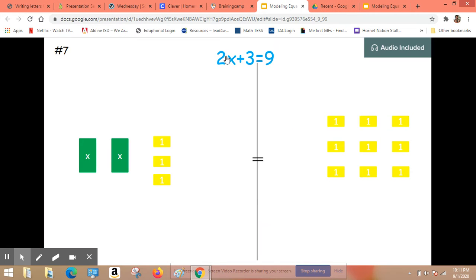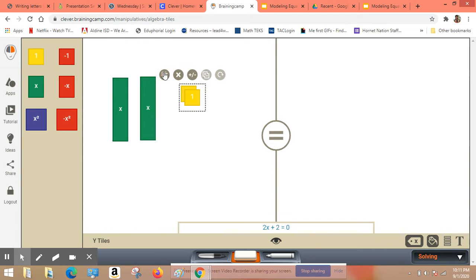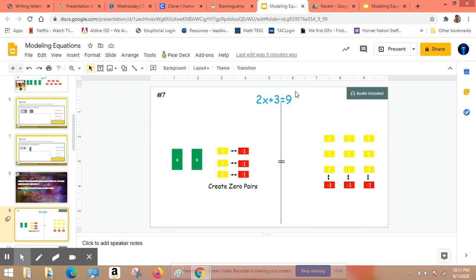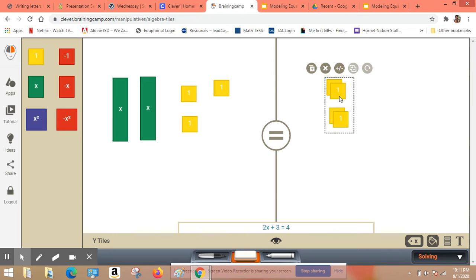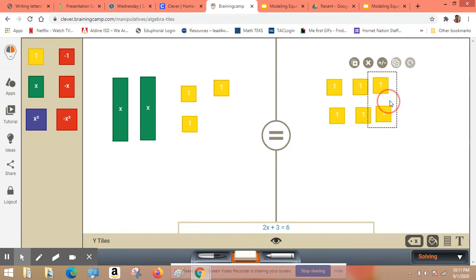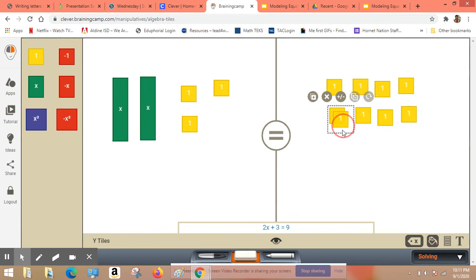For this slide, we had 2x plus 3. So in Braining Camp, 2x plus 3. There you go. We have 3 equals 9. 1, 2, and you can just make multiple copies. 8, 9.